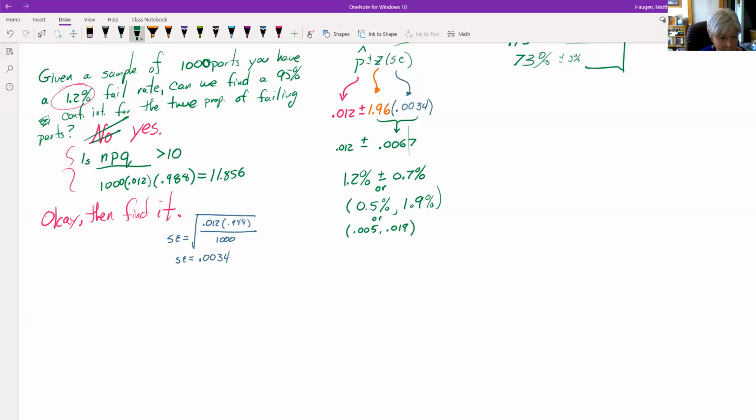And your X is 0.012 times 1,000. So if out of 1,000 parts you had a 1.2% failure rate, that means it failed 12 times. Okay. So that X is your 12.